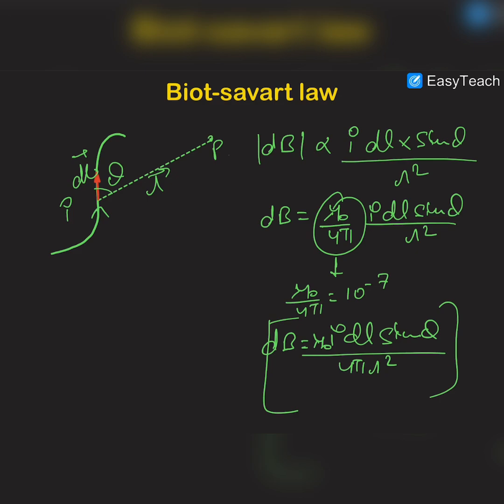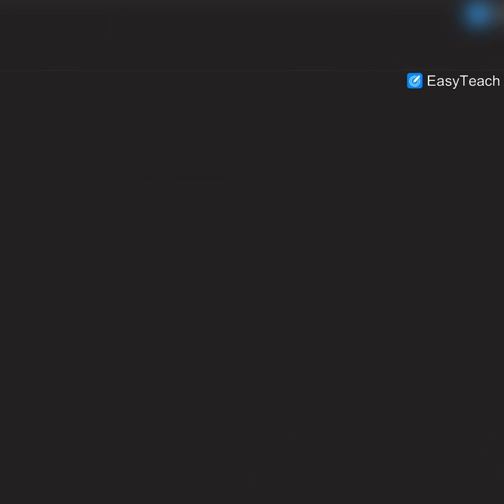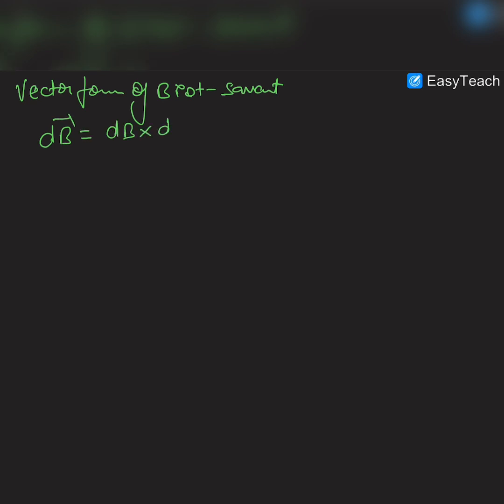For that, we have to understand the vector form of Biot-Savart law. So let us now discuss the vector form. Any vector dB will be represented by its magnitude and the unit vector dB cap.